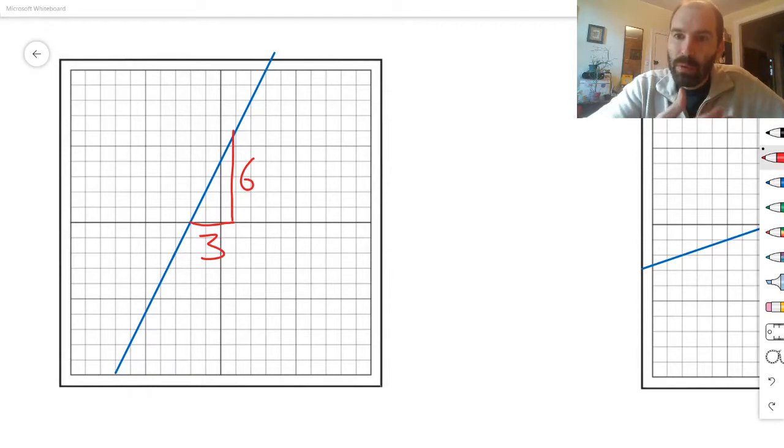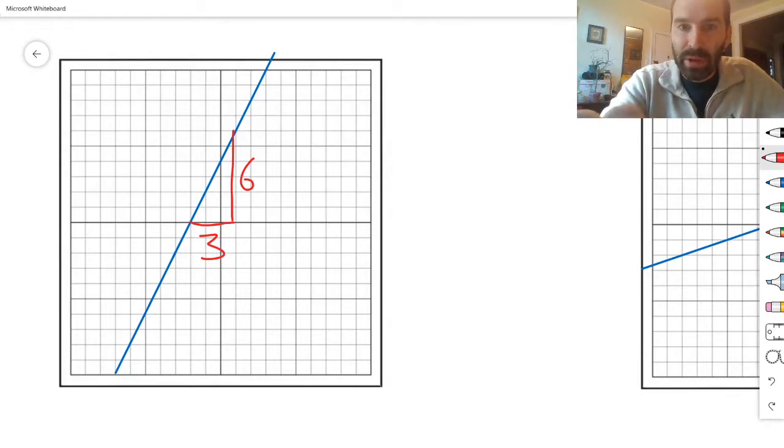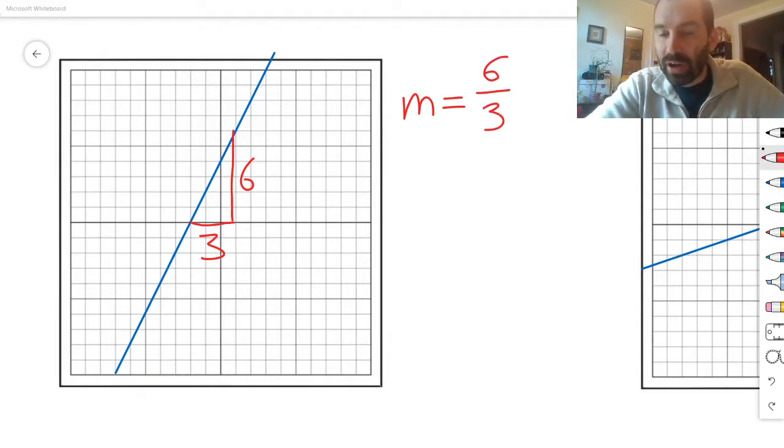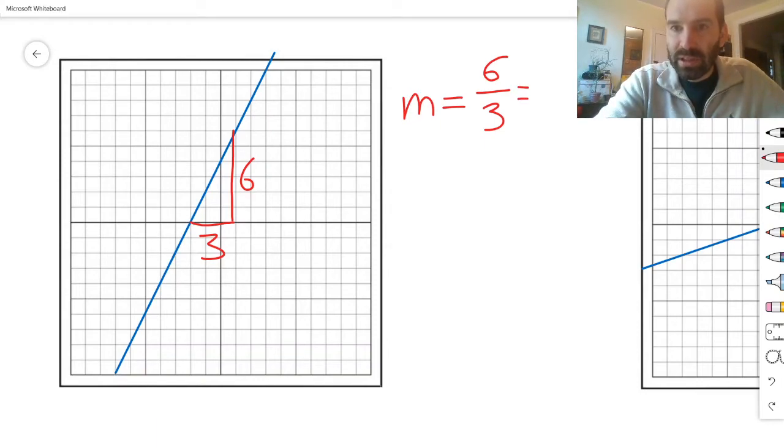Now what we'd like to do is turn this into a number. We take the ratio of how much we go up divided by how much we go across, and that's exactly what we need to get the slope. Sometimes you can simplify these ratios, and in this case it simplifies to 2.